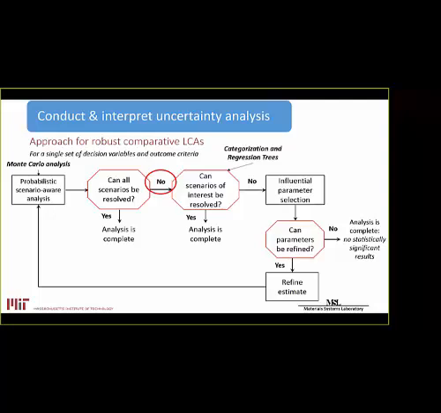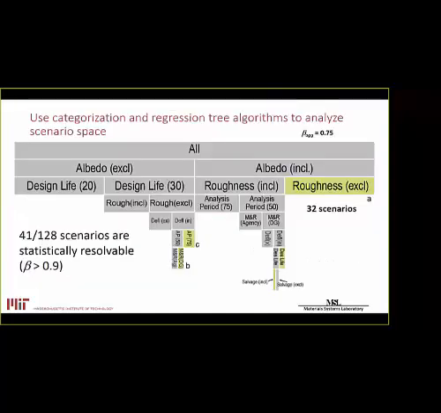So we use this grouping of statistical methods called classification and regression trees, which are available in most statistical analysis software packages. Basically, we look across ways of grouping different scenarios according to their statistical significance.